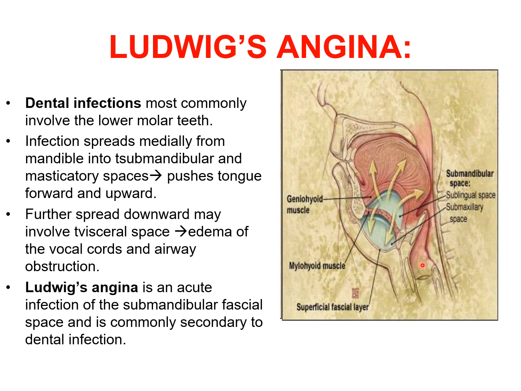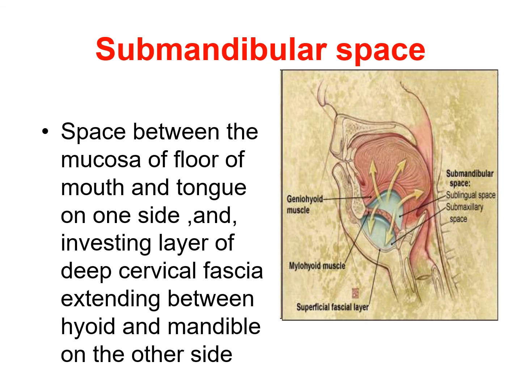Ludwig's angina is an acute infection of the submandibular facial spaces and is very common secondary to dental infection. A word about the submandibular space, you may understand it later on when you also study the oral cavity.